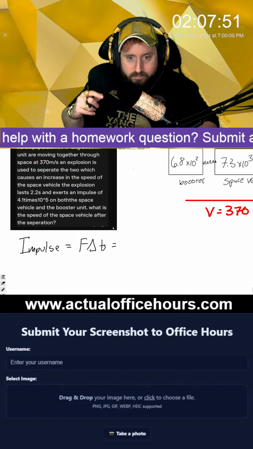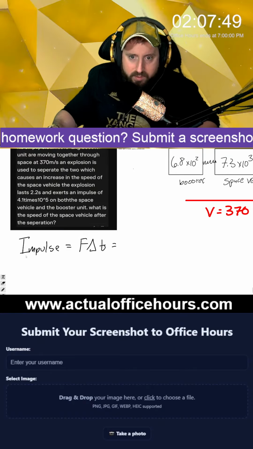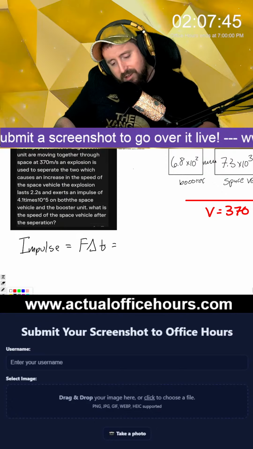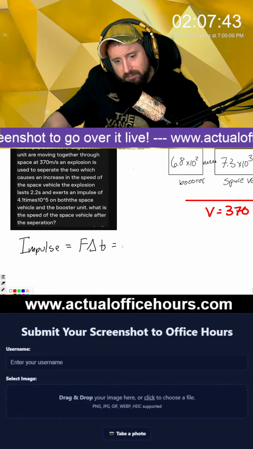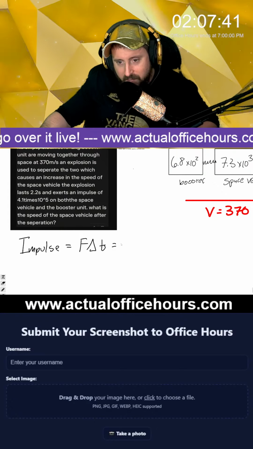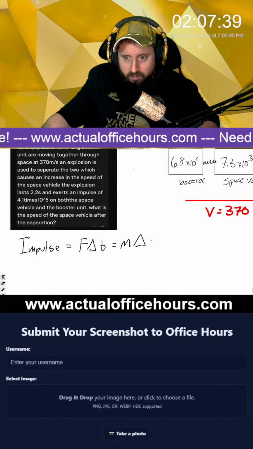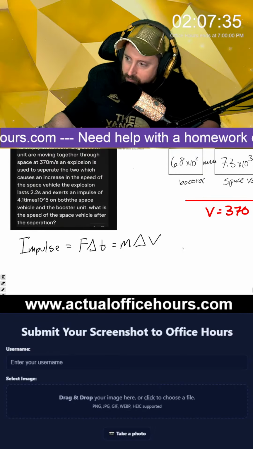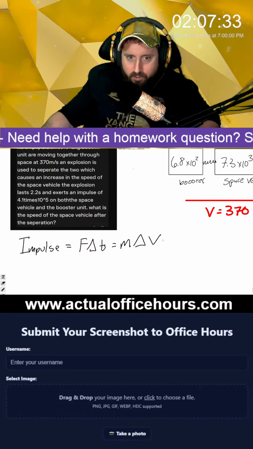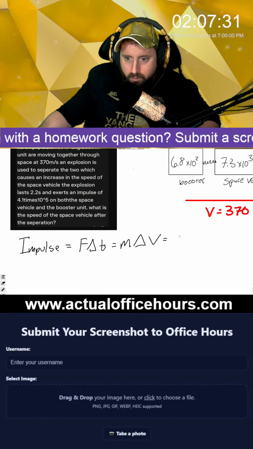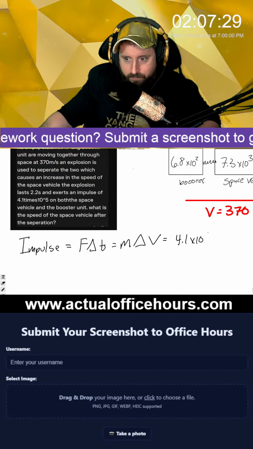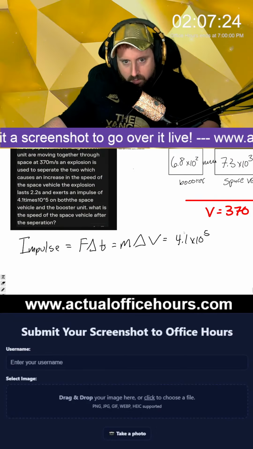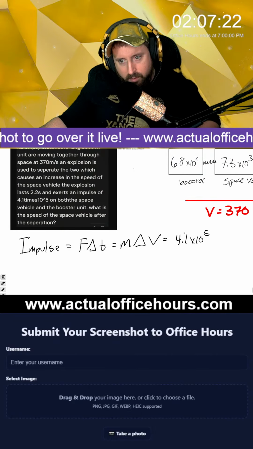Good job. So they tell me what the delta T is. Oh, also this is equal to M delta V, right? Maybe I just want the delta V. Yeah, let's use M delta V for this. And then I know this impulse is equal to 4.1 times 10 to the 5th, on both.